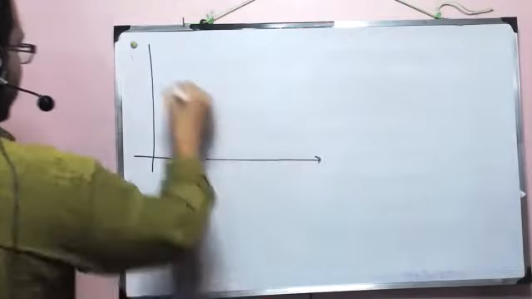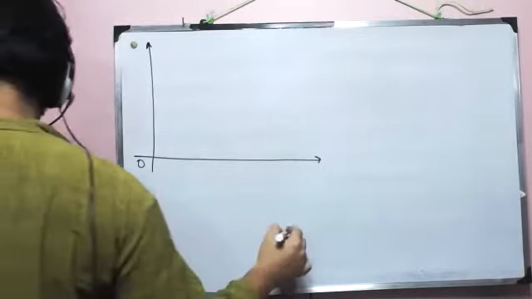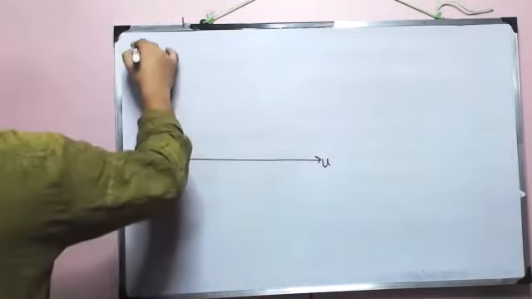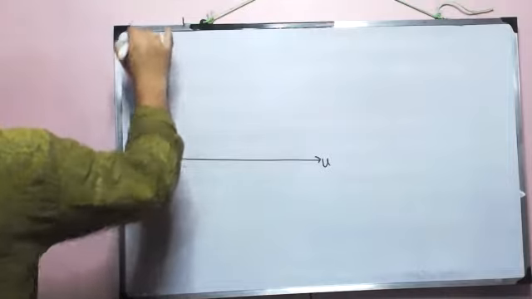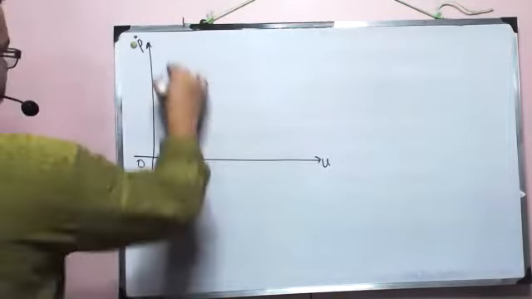So here is our diagram. U and P dot. Okay, now the first Phillips curve I will draw in such a manner that on the right side there is much space left.